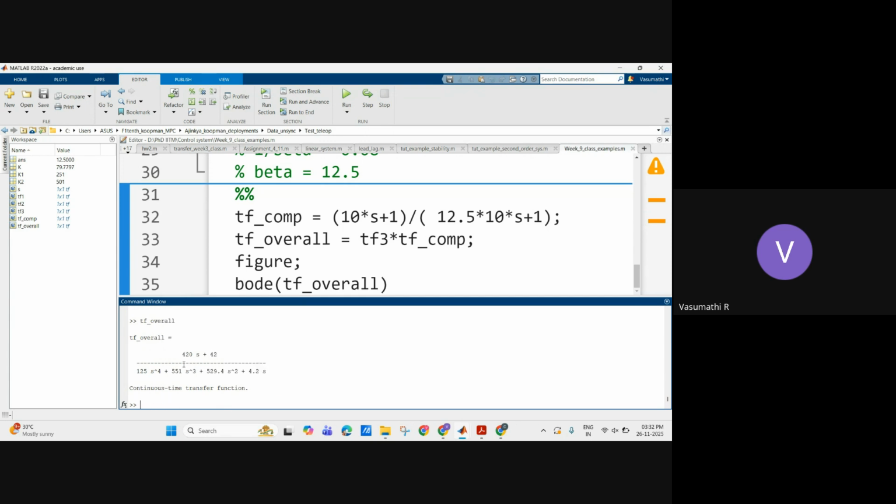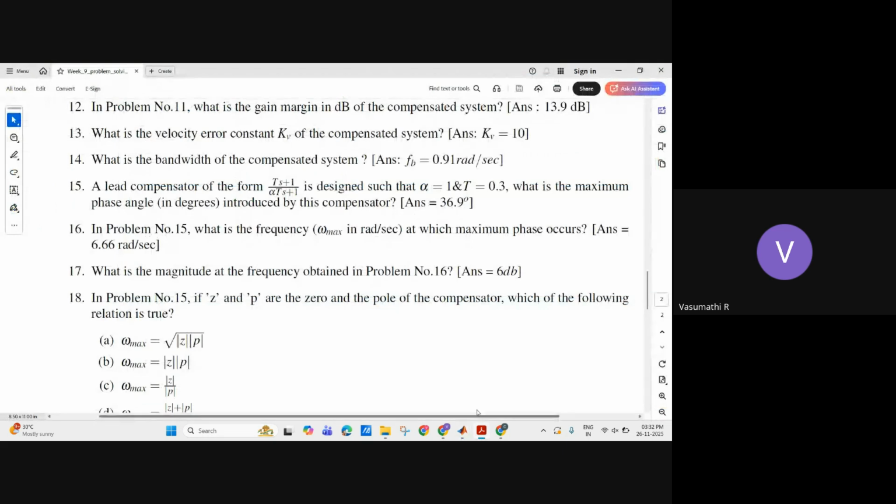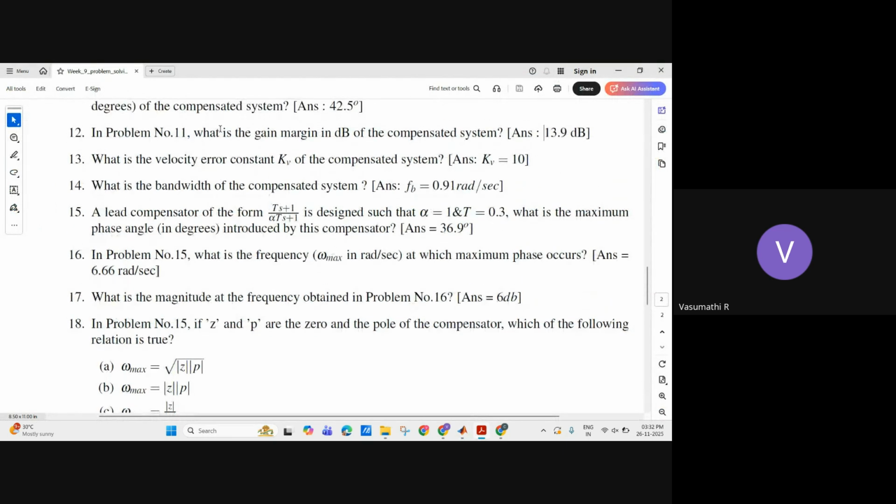Overall it is 10 s^4 plus 420 s plus 42 divided by 125 s^4 plus 551 s^3 plus 529 s^2 plus 4.2 s. There is no constant term. So this is the overall system.